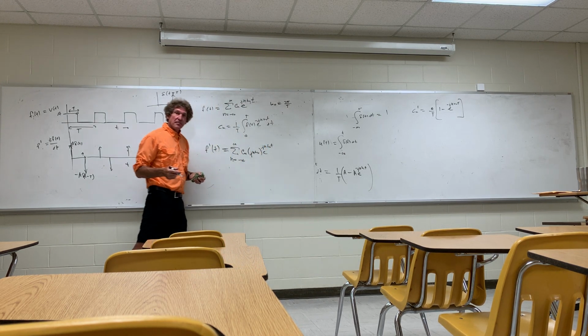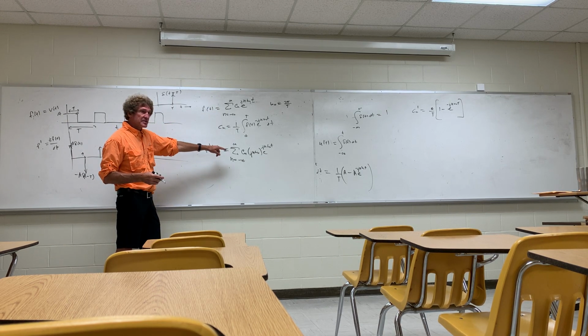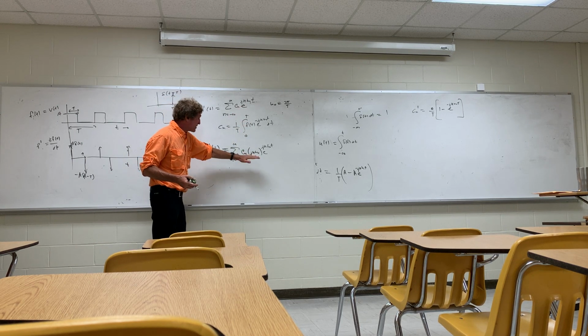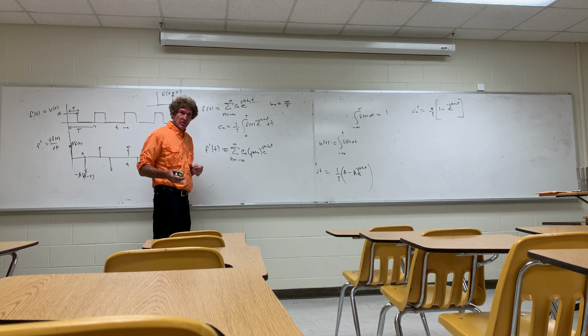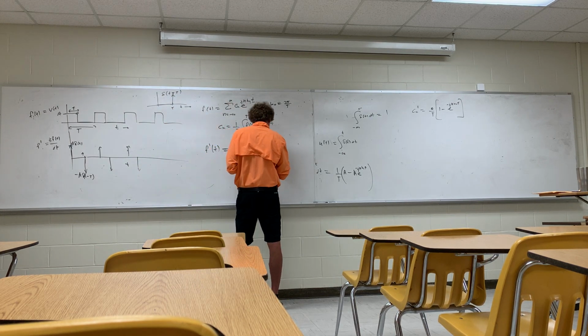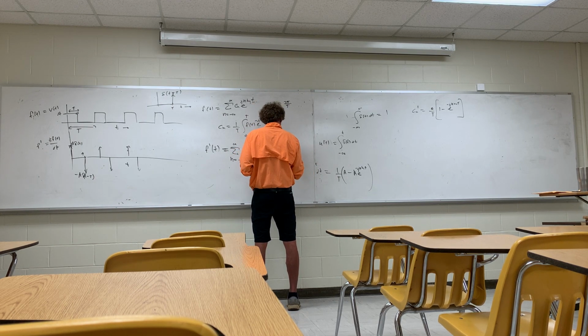Are you all with me on that? I've just taken a time derivative of that. C of n stays. The only thing that's going to be a function of time is this exponential, so I pull out a j n omega naught. With me? Now, that right there, remember I just solved for the C of n. This is the impulse series. Well, that's equal to C of n prime times e to the j n omega naught t from n equals minus infinity to infinity.